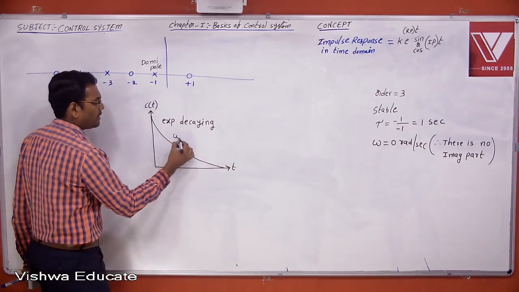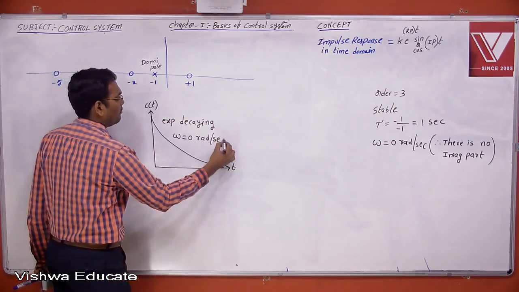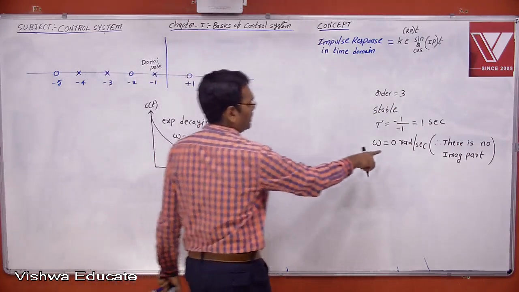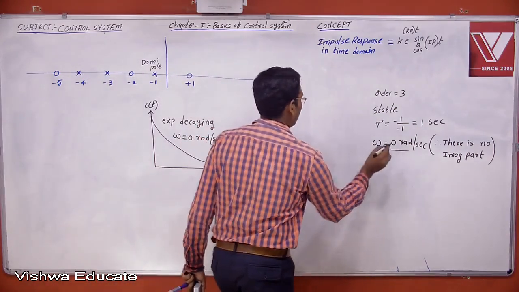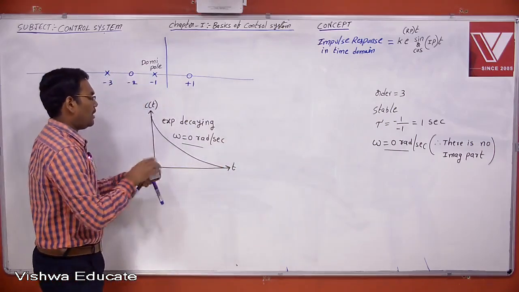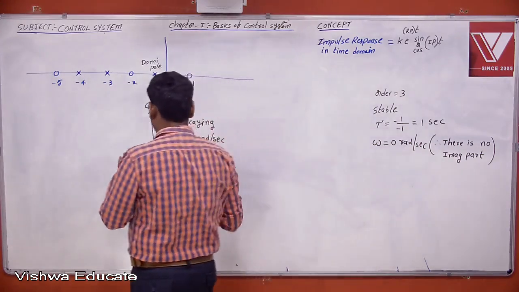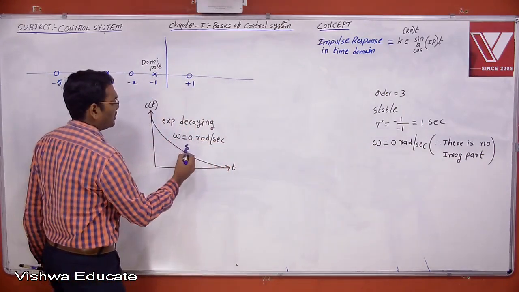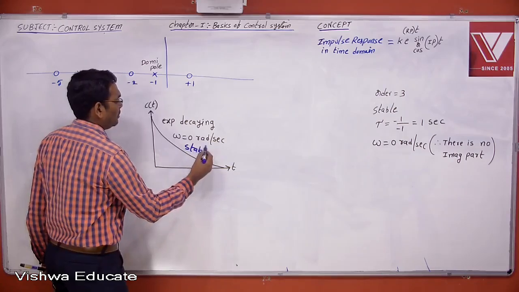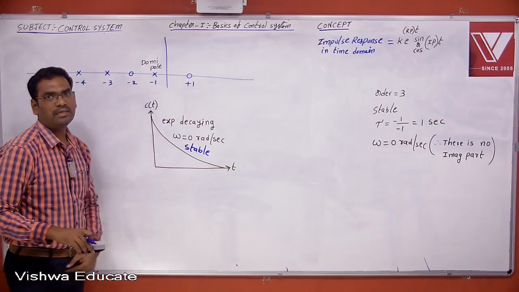No. The frequency of oscillation is 0 radians per second, and from the pole's location also we say the frequency of oscillation is 0 radians per second. Both are matching. And the response follows the input.